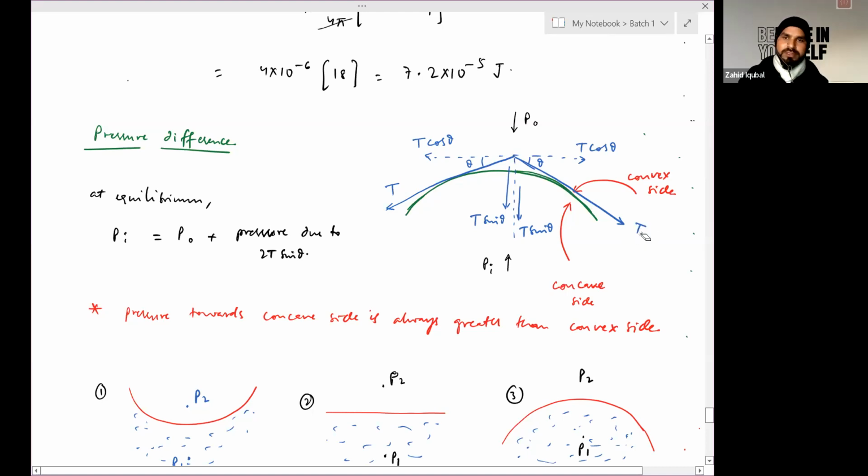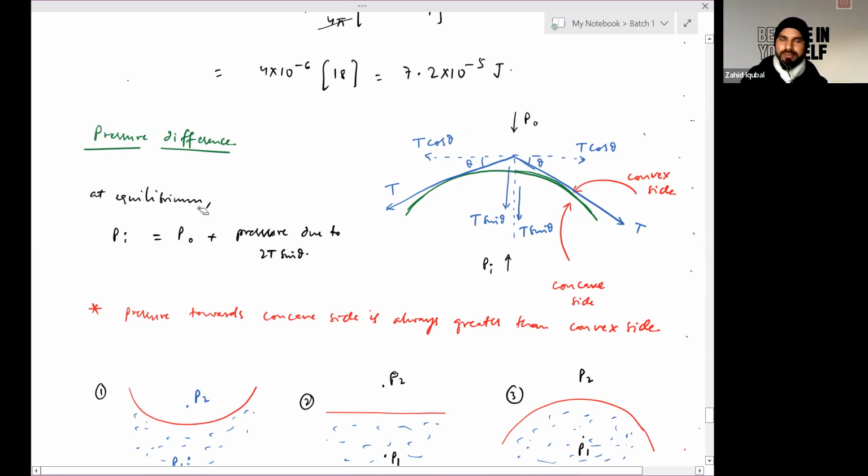So this surface tension may get inclined at this theta relative to the horizontal, so it will have a T cos theta component and a T sin theta component. Similarly for this part, a T cos theta component and a T sin theta component. Now at this surface, we have pressure from outside, which is called P naught, and a pressure from inside, which is Pi.